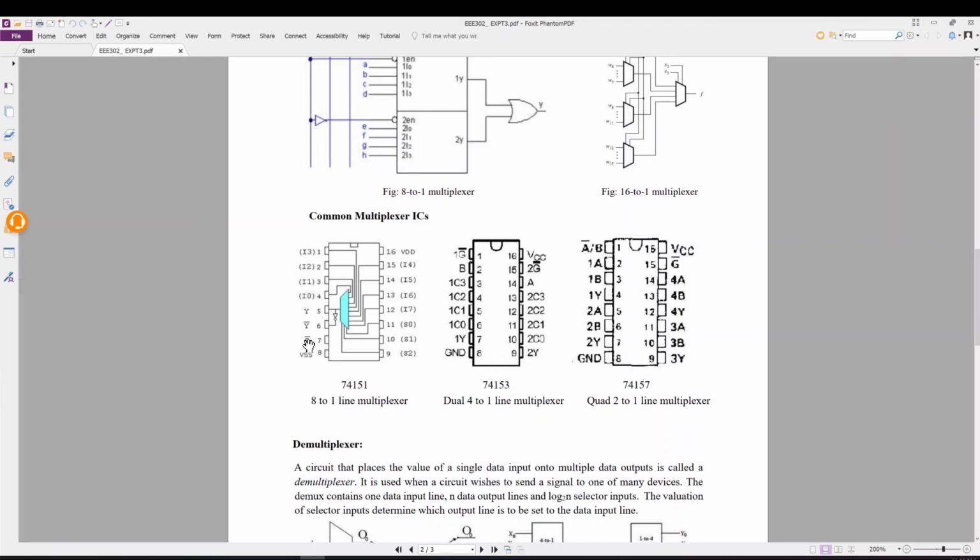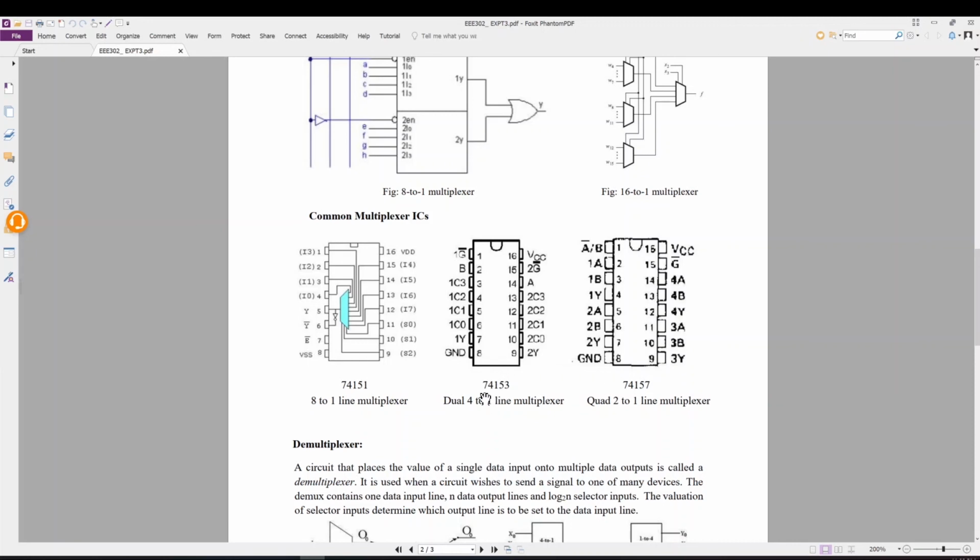If it is not connected to the ground, the output will not be shown, and if it is connected to the ground, then you can see the output correctly. And this is VDD. VDD is the power and VSS is the ground. So you need to connect these two to the ground.